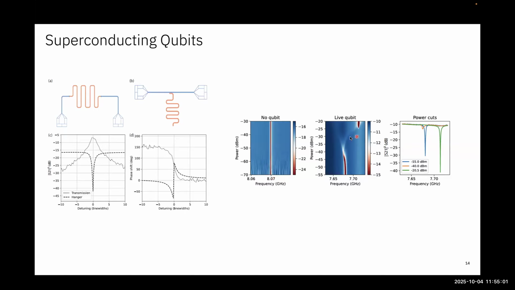But when there is a qubit coupled to your resonator, at some point you can see the resonator frequency start to shift. When it starts shifting, that's when you know you now have a qubit coupled to your resonator.